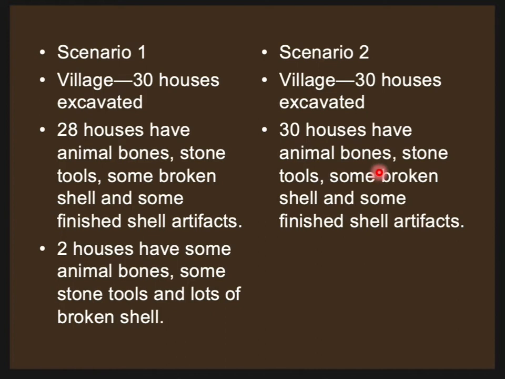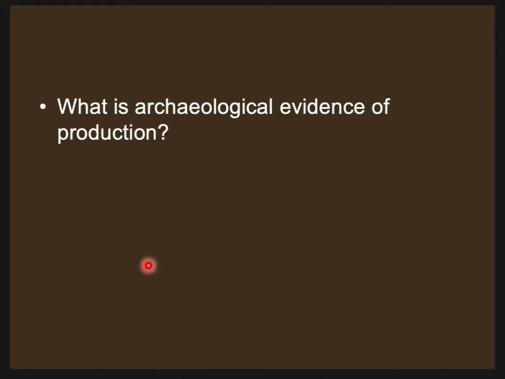In the second scenario, it looks like all houses are engaged in the production of shell artifacts. So specialization exists here, not necessarily here. This might have a little bit more of a complex economy, and by extension, a more complex society.